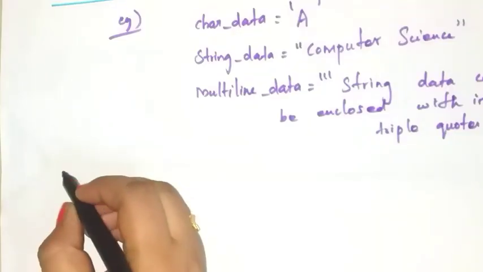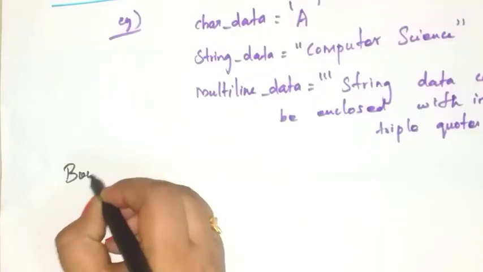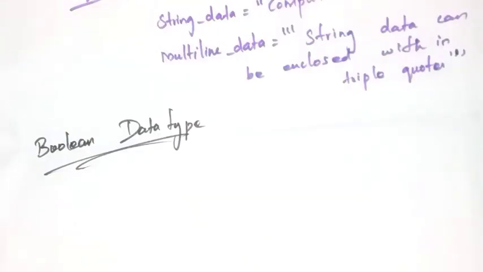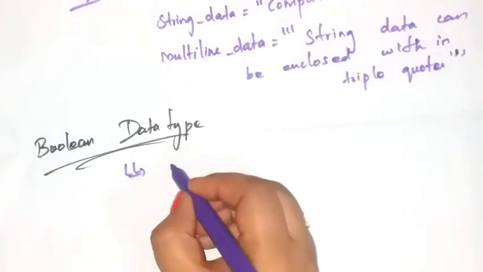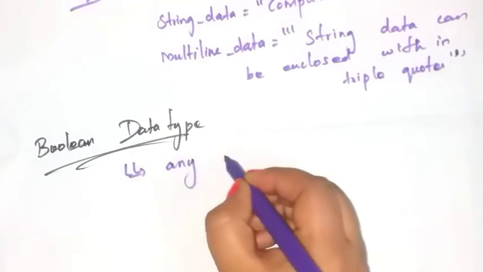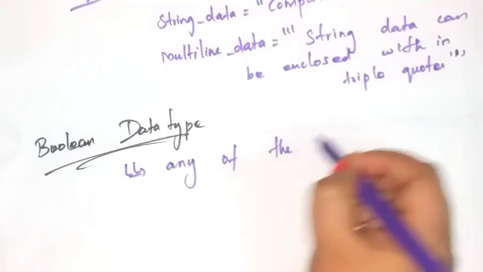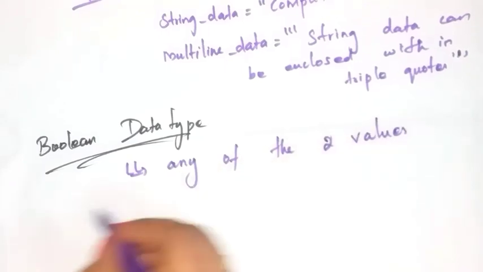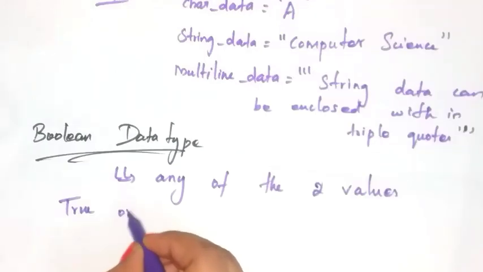And the next data type is what? Boolean data type. A Boolean data can have any of the two values. What are they? True or false.